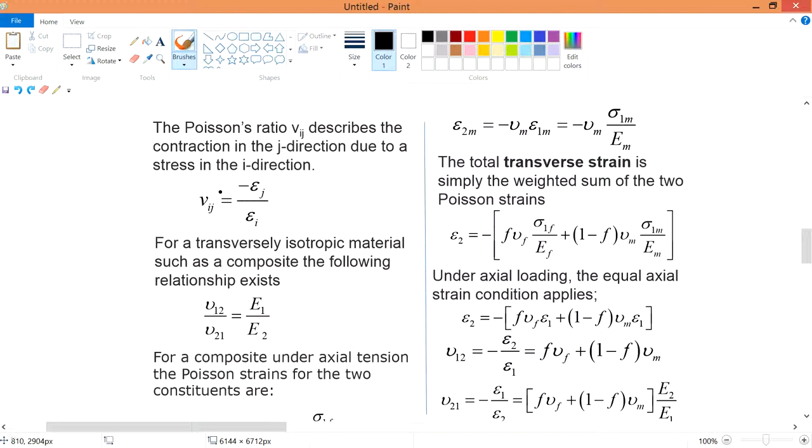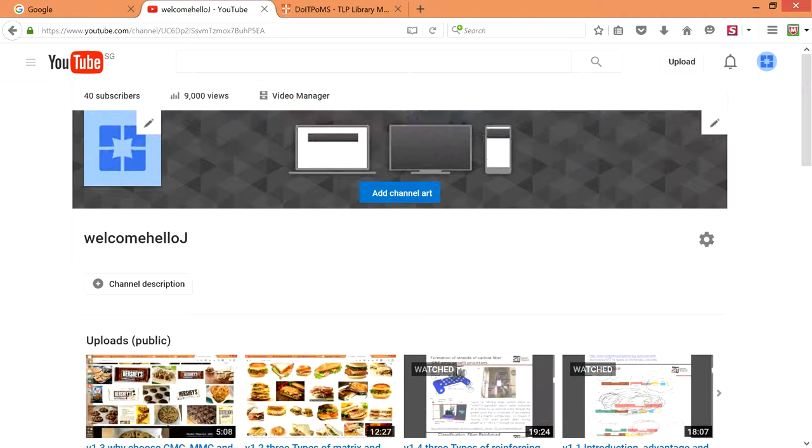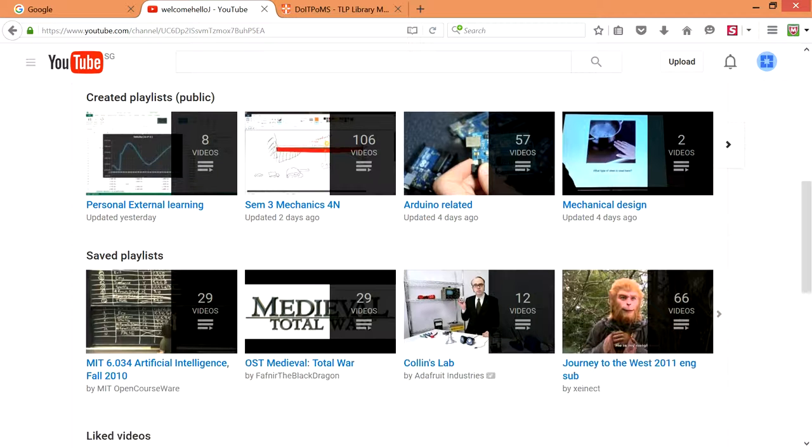The first derivation is that they're talking about an index notation. If you don't know anything about index notation, or if you forgot, you can come to my channel, go to created playlists, and you can see SEM3 mechanics 4n, and then you can just search for index notation.